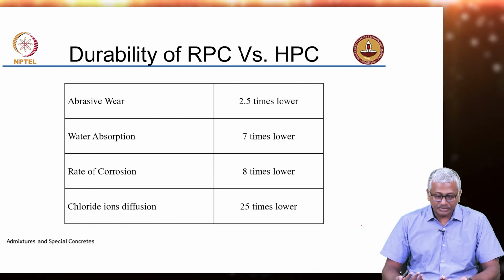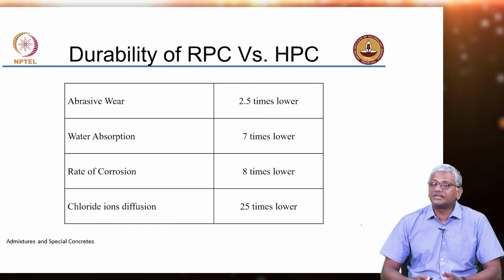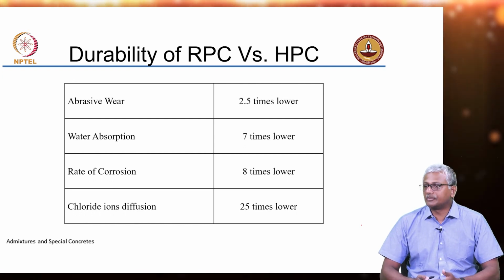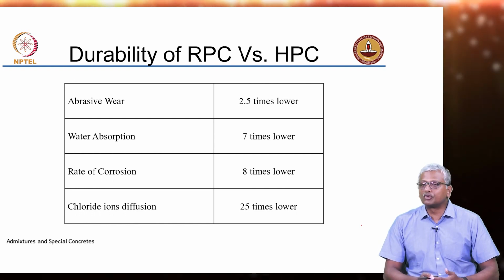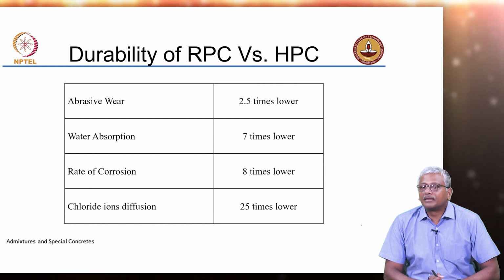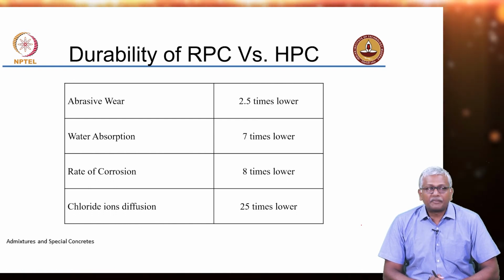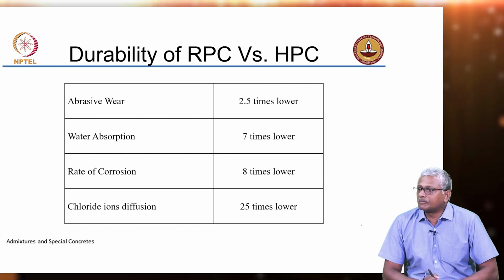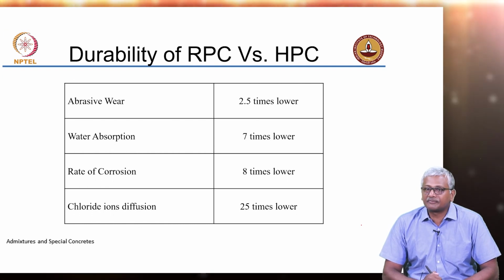Rate of corrosion, chloride ion diffusion, all of these are going to be extremely low in the case of RPC with fibers. Now the interesting part is, if you do a test which is based on electrical measurement, like rapid chloride penetration test, if you do an electrical based test, what do you expect will happen with RPC with fibers?